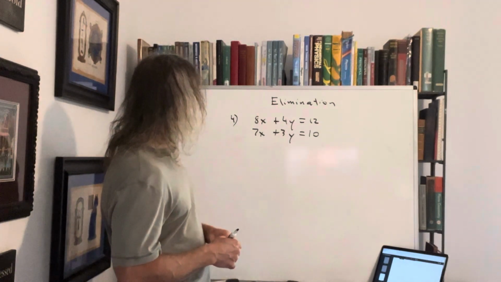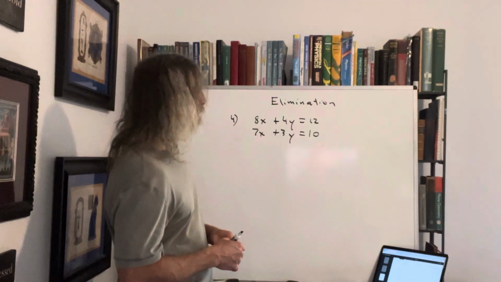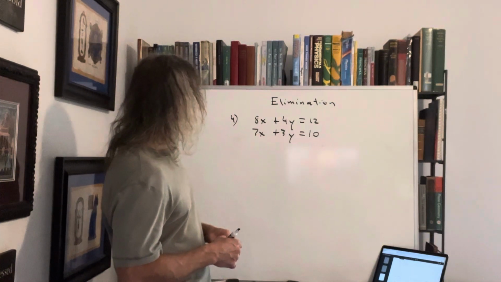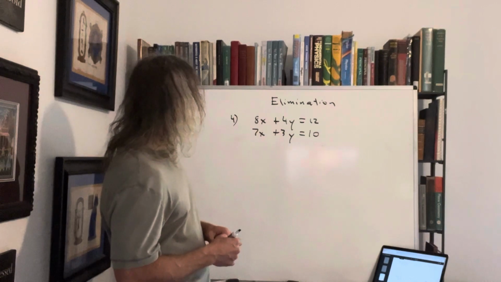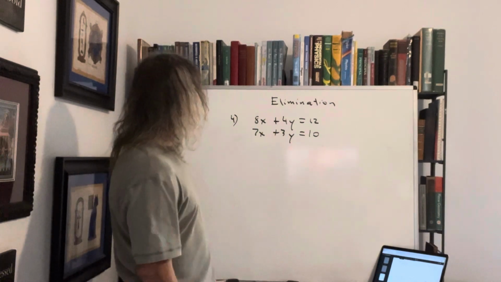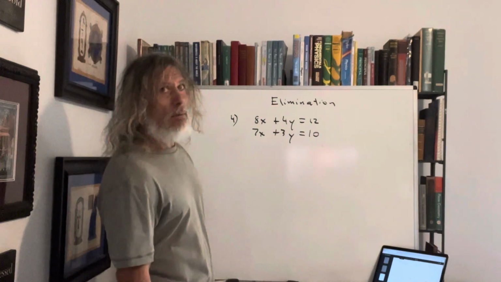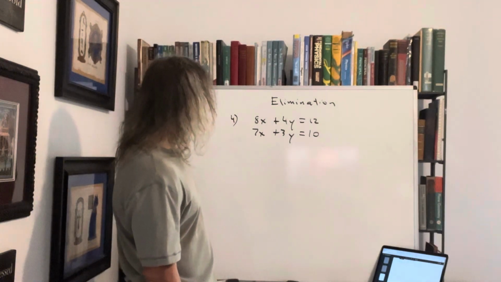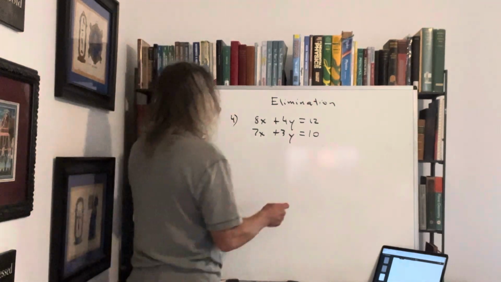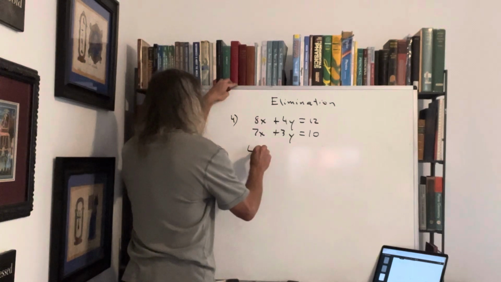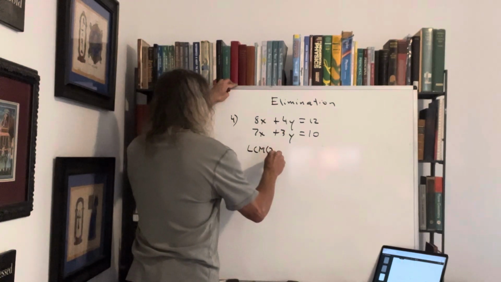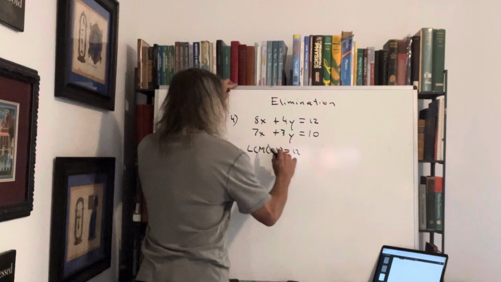So, we need to decide which variable we want to get rid of and then get the LCM of those. So, we can do this one again. If we want to get rid of the y's, we get the LCM of 4 and 3. LCM of 3 and 4 is 12.